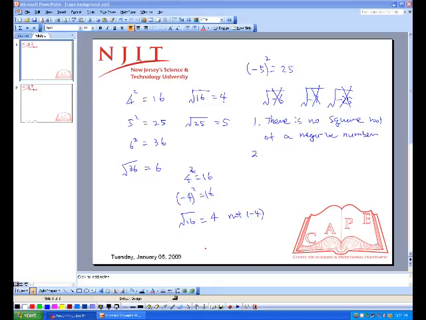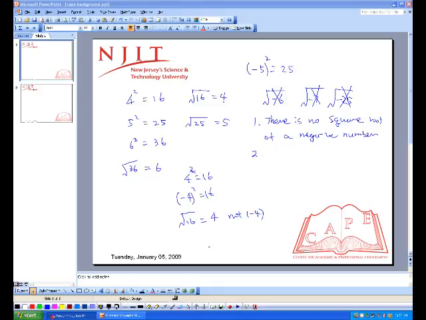Well, you may ask, why is that? Both 4 and negative 4 square give you 16. So if the square root is the opposite of that procedure, why is the square root of 16 only 4 and not negative 4?